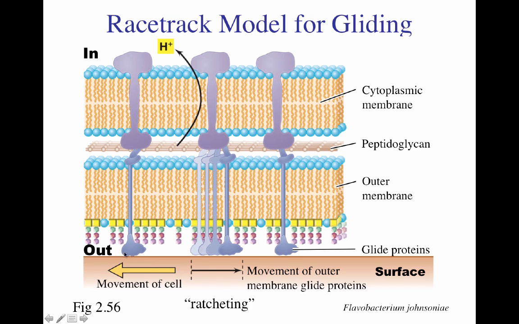If the protein is attached to the surface, that protein is then tracked and moved, sort of like the way in which you move the track of a tank backwards. The ratcheting makes the outer gliding protein move towards the tail of the organism, which causes the entire organism to move in the opposite direction. Flavobacterium johnsoniae is one example of bacteria that uses the racetrack model.